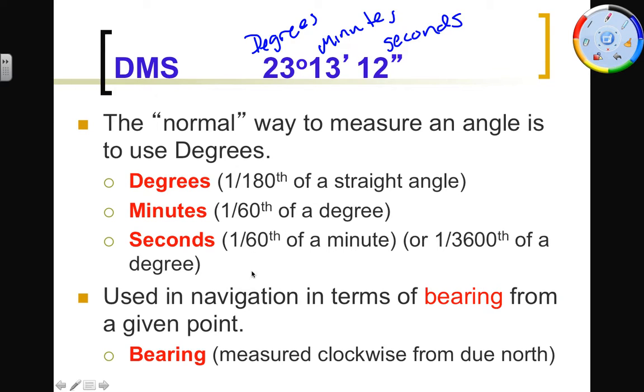So if you're looking at a map, this looks like a coordinate grid, but I hope you know that this is north, east, south, and west. Never eat shredded wheat. Bearing is measured from the north in a clockwise direction. So this angle right here would be a bearing measure. And I'm stressing this because there are other ways that we measure angles when we get to those things coming up.